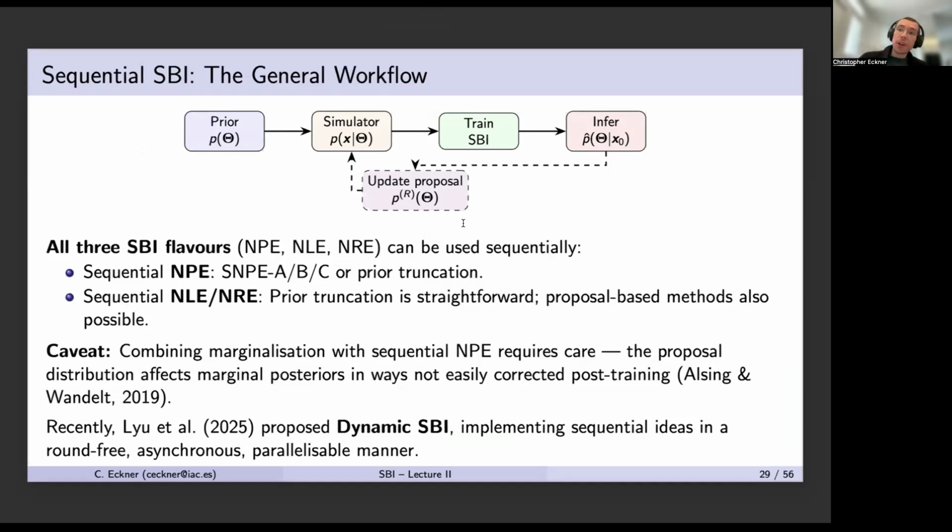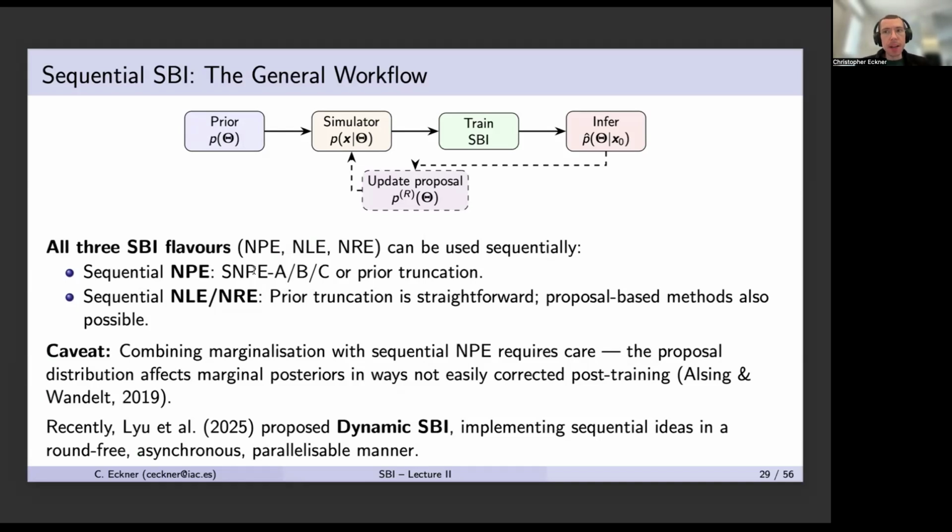So, what is the general flow then you should do for sequential inference? Well, you should first think about what type or flavor of simulation-based inference I want to do. And depending on this, you have multiple options. Well, for neural posterior estimation, what you would likely do is to do this chain of proposal distributions. And in particular, this sequential posterior estimation C, where you have the best of both worlds that is numerically stable and that works.